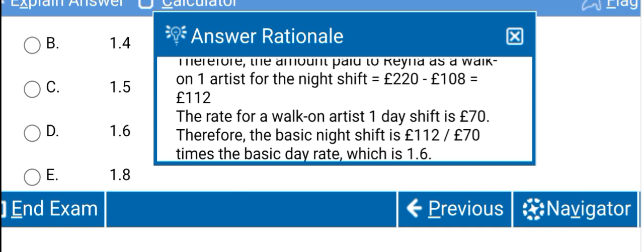So the rate for a walk-on artist 1 day shift is 70 pounds. Therefore, the basic night shift is 112 divided by 70 pounds times the basic day rate, which is 1.6.